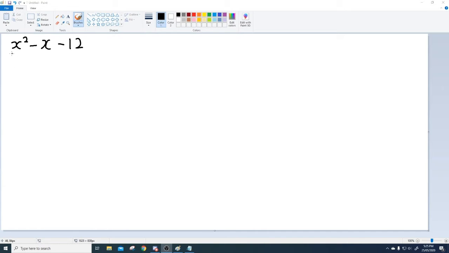How do I factorize x squared minus x minus 12? First, let's label the coefficients. Those are the numbers at the front. So I'll start off with a, we'll call the 1 in front of the x squared a, the 1 in front of the x will be b, and the number at the end will be c.